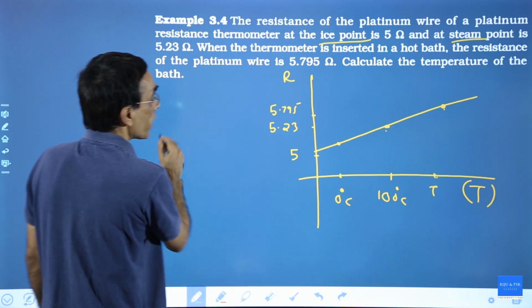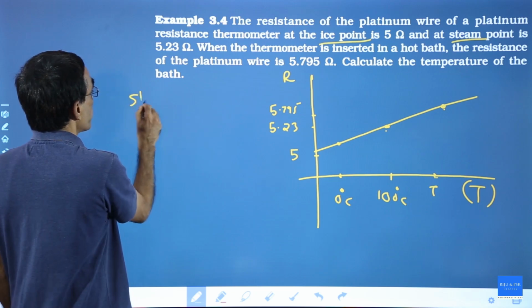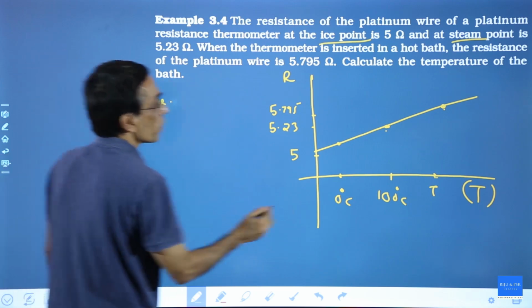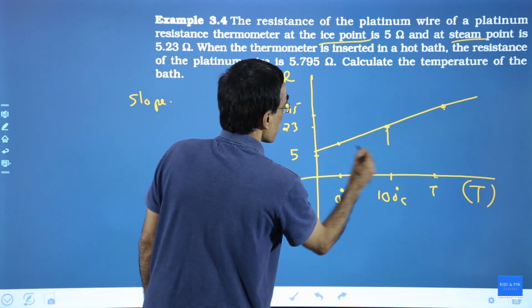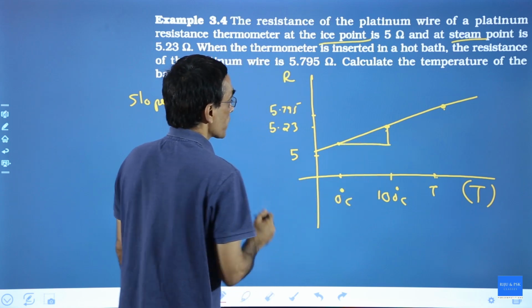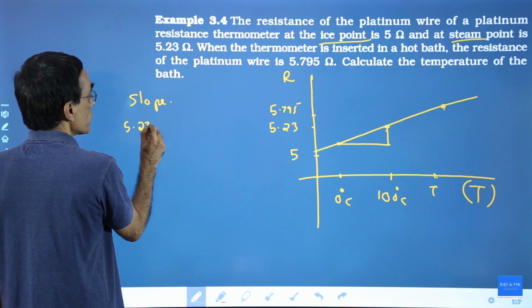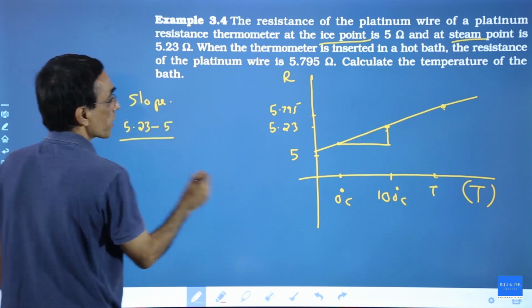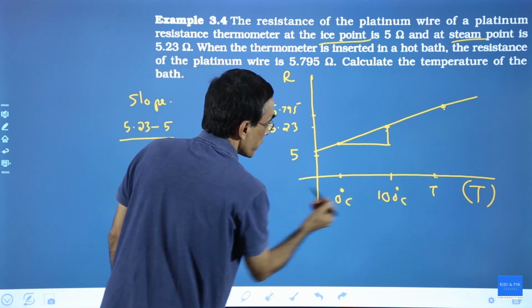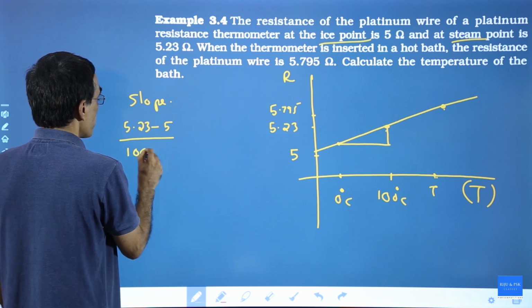So I can actually calculate a slope between, slope calculation, that's what I do. What is slope calculation? See, here I can consider a triangle, then I can calculate slope as 5.23 minus 5 divided by, y2 minus y1 by x2 minus x1, 100 minus 0.